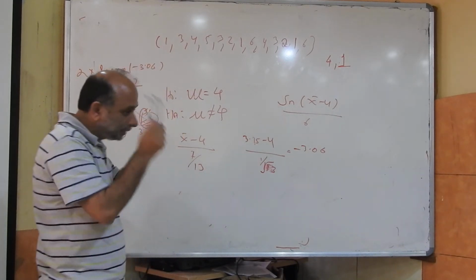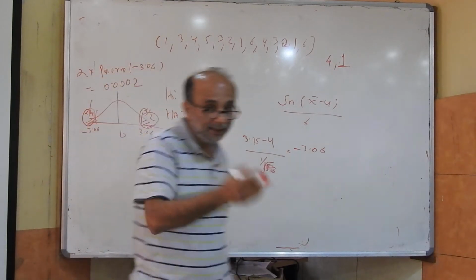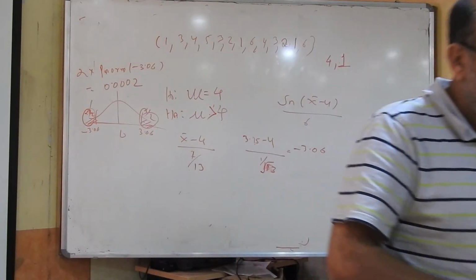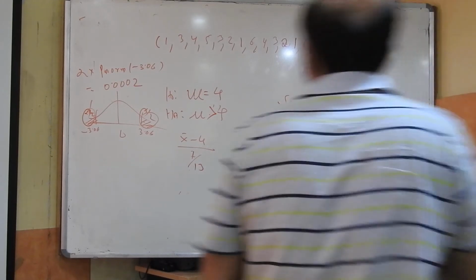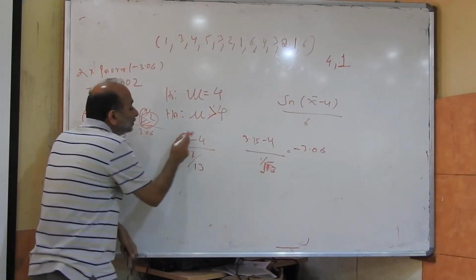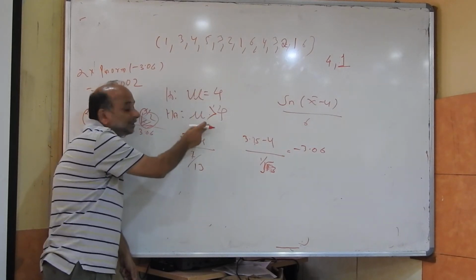But suppose I was interested not in this, but the alternative was whether mu is greater than 4. Suppose I have a population, and I have a sample from that population. My hypothesis is that the population mean is 4, and my alternative is that the population mean is greater than 4. In which case, observing x bar lower than mu does not give me evidence against this in favor of this.